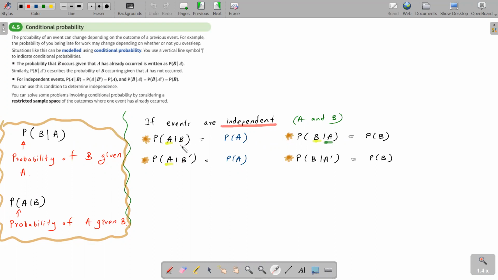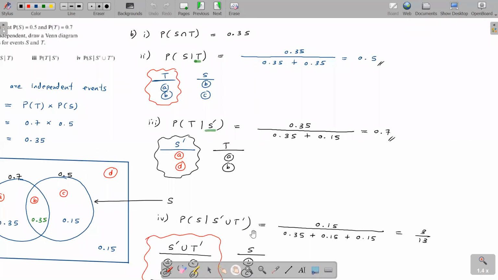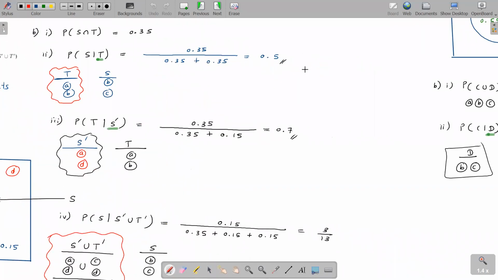If events A and B are independent, as I explained in the previous video, we learned that the probability of A given B is equal to the probability of A. Why? Because A doesn't depend on B. If events are independent, they don't depend on each other. Taking that into consideration, T and S are independent events here. So what do you have to say about Roman number 2, the probability of S given T, if S and T are independent?